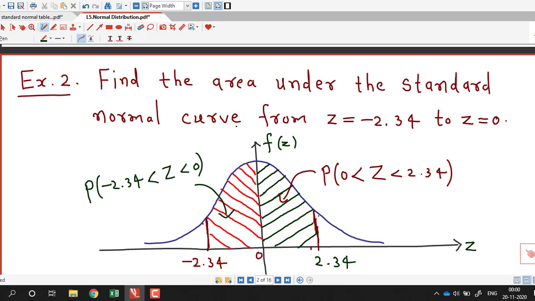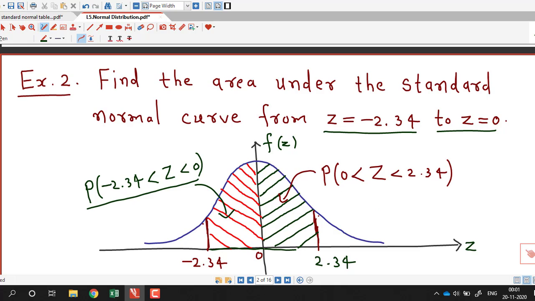Another example: find the area under the standard normal curve from z equal to minus 2.34 to z equal to 0. We are asked to find the area shaded by red lines, but we know that this graph is symmetric. So from the symmetry of the graph we can see that the area from minus 2.34 to 0 and the area from 0 to 2.34 are both equal.